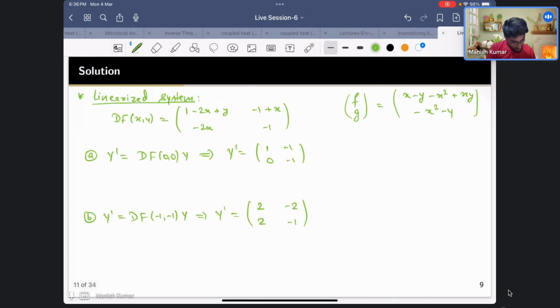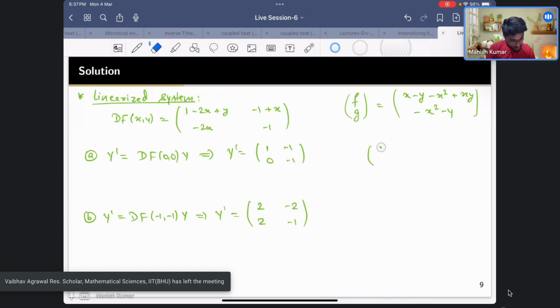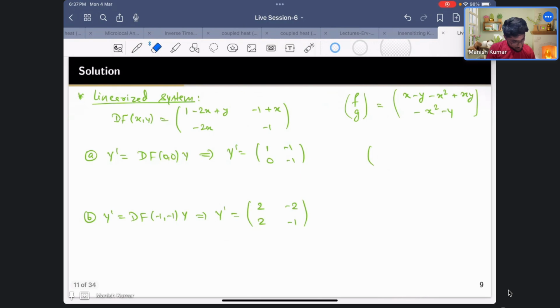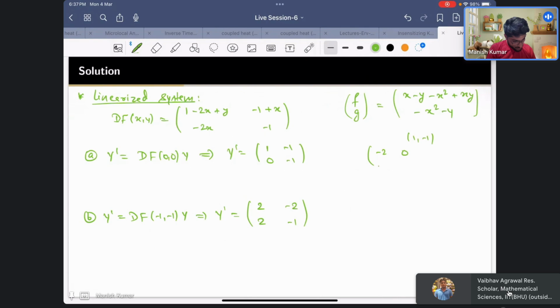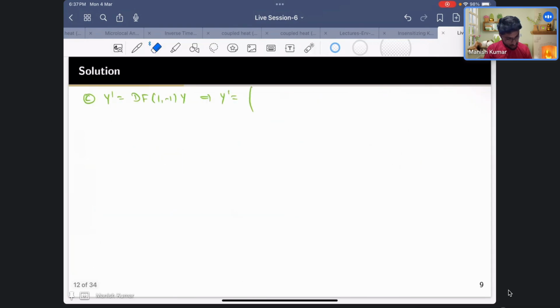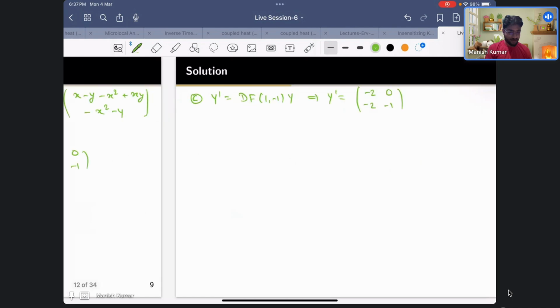You just substitute x equal to 1 and y as minus 1, so this is minus 2, this is 0, then minus 2, minus 1. I hope everything is correct. So minus 2 0, minus 2 minus 1. Just check if something is wrong.